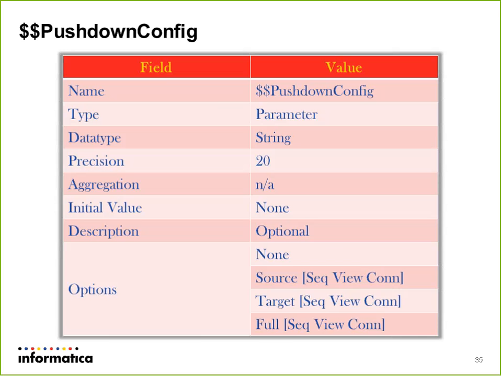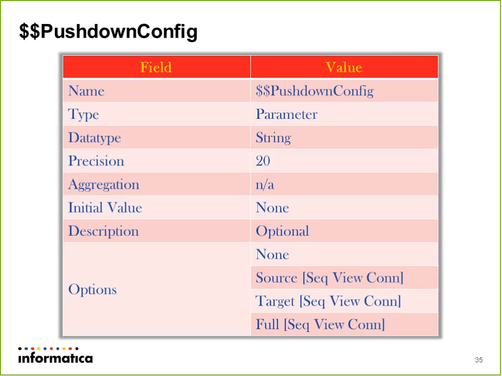But during the night time, you might want to use full pushdown optimization to utilize the database processing. Now, if the data does not get processed because of database overload, one might even want to completely disable the pushdown optimization through this parameter called pushdown config.